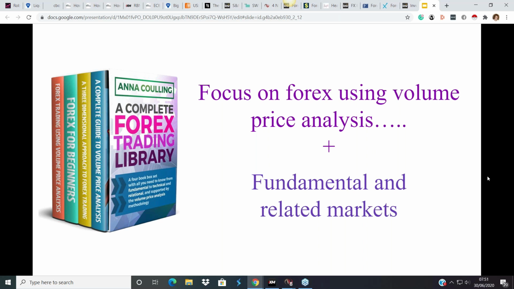So whether the yen is being bought or sold, is the Aussie being bought or sold? It's that sort of information that will give you a huge advantage, because you're then beginning to understand this market and its complexities. It's not a complicated market, but it has its complexities.